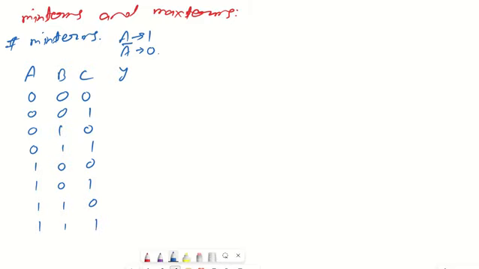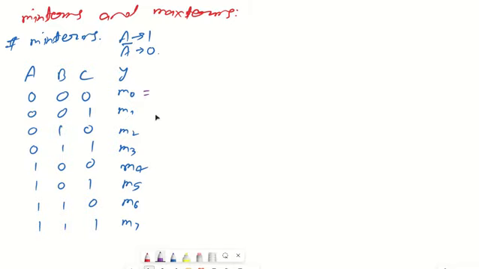Now the output Y can be considered as M0, M1, M2, M3, M4, M5, M6, M7. Understand that it is a small m. If you want, you can write it like this. M0 is nothing but, see, A is 0 here, so it will be considered as A bar. B is 0, so it is B bar.